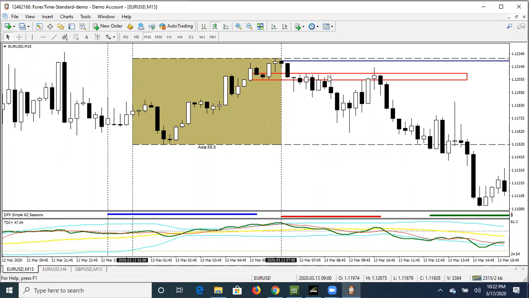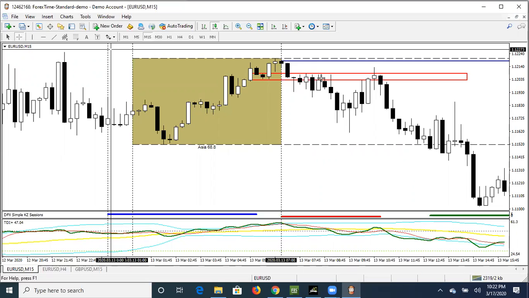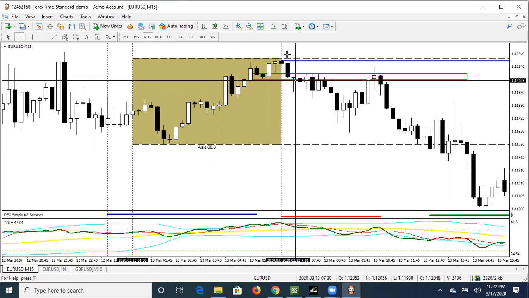And all that happened when? During the London Q zone, right? So you were in for a sell. Your stop loss was 20 pips or thereabout.